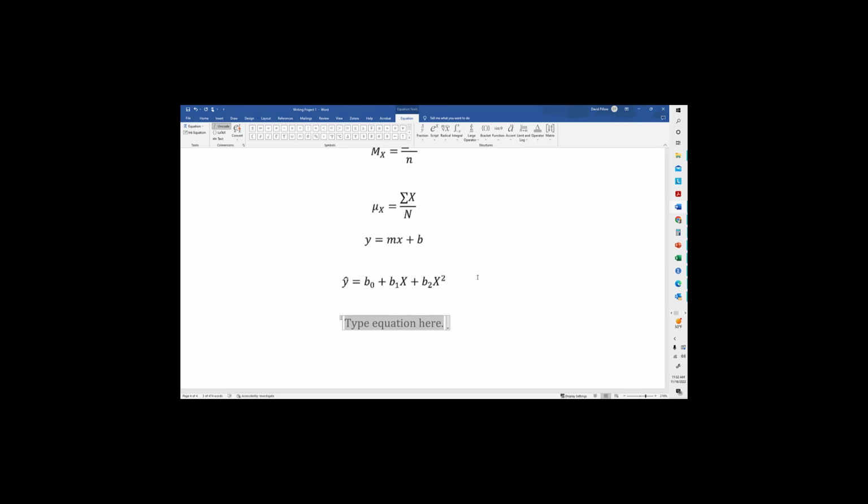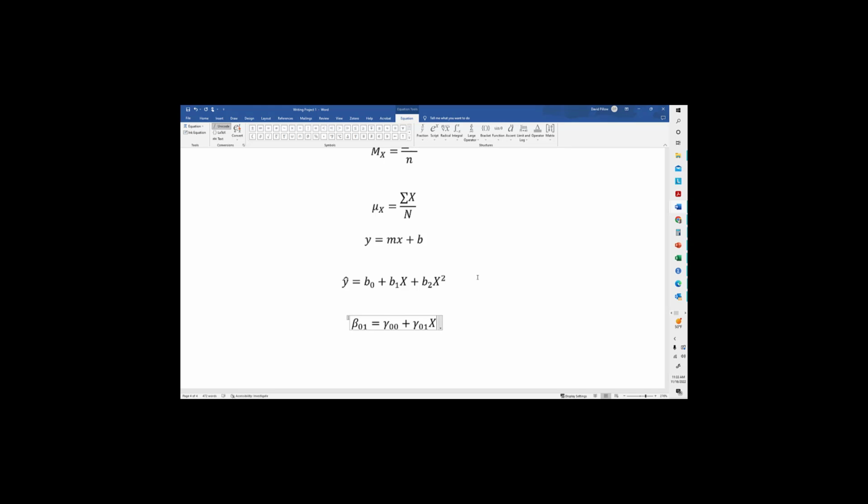Let's do another one. Beta subscripted 0, 1 is equal to gamma 0, 0 plus gamma subscript 0, 1, and then I'm going to put in an X, and I'm just going to go ahead and make this squared and put in subscripting.